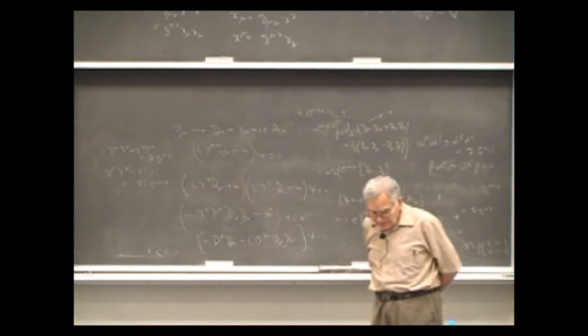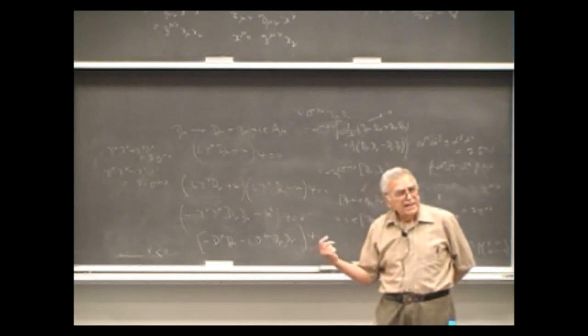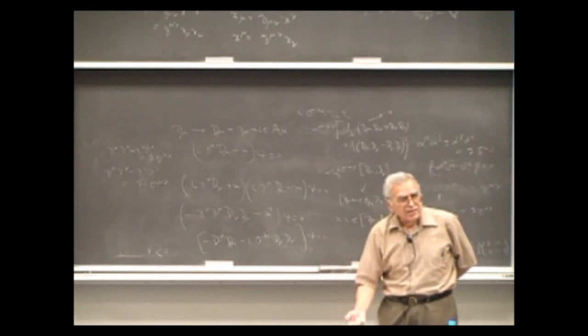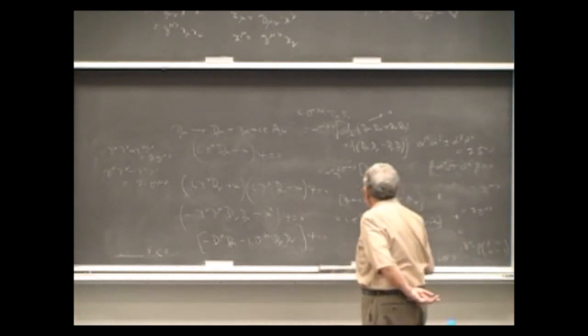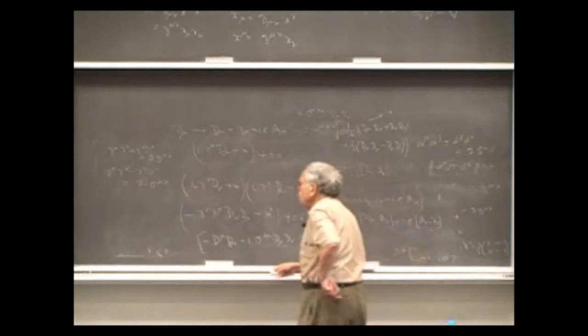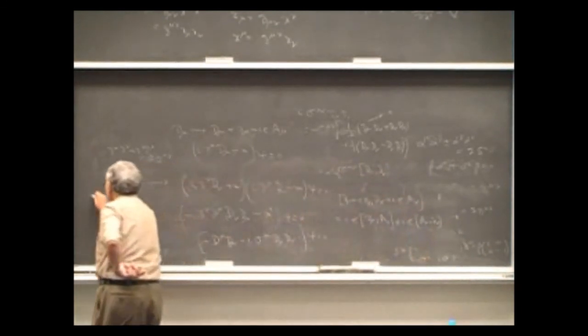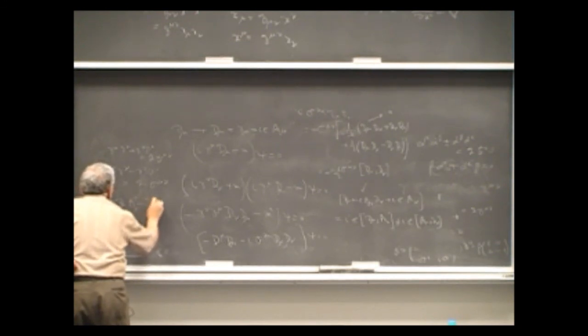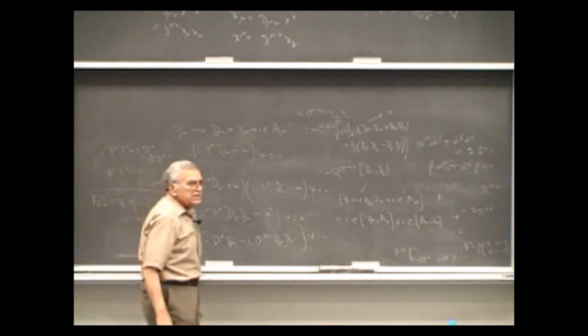Okay, you can work it out, and you see that this is just F mu nu, the electromagnetic field tensor, because you know that F mu nu is partial mu A nu minus partial nu A mu. So this is the electromagnetic field tensor.